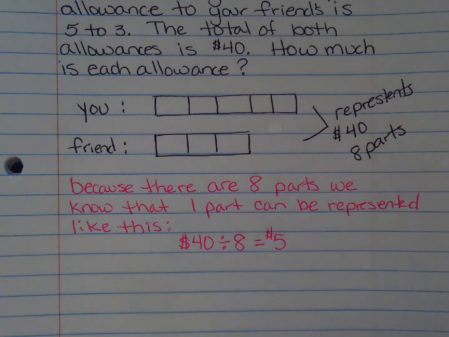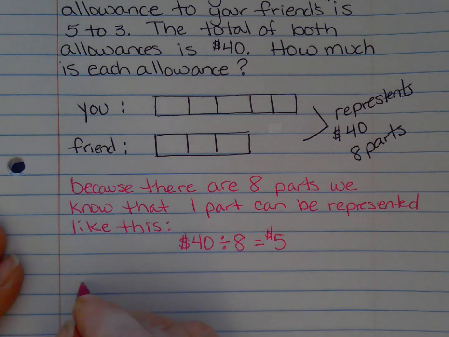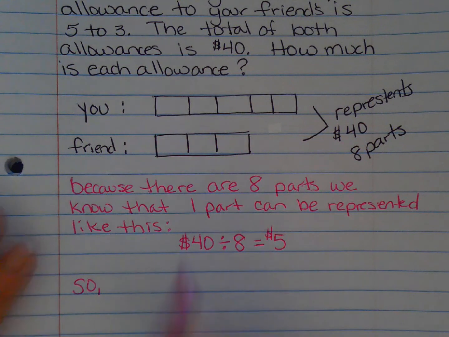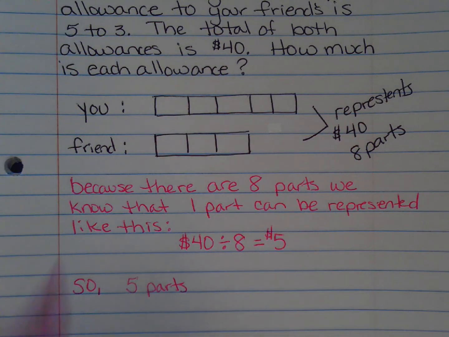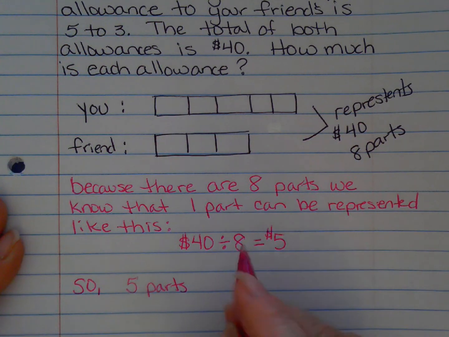Easy peasy, right? Okay, so 5 parts, which remember is what your allowance is, represents $25.